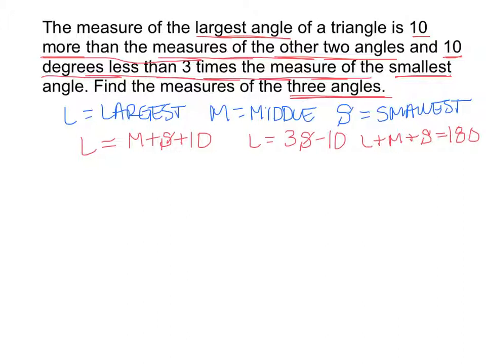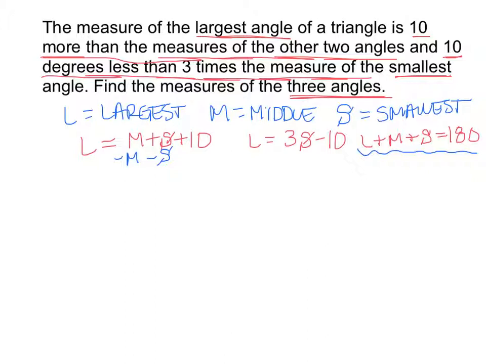Now, I didn't write them down on top of each other yet because I noticed that I'm going to need to do some changing. I'm going to need to get all of the variables together. And it doesn't matter what order you have the variables in as long as you're consistent. Since this one's already in a good form, I'm going to leave it like that, large, medium, small. So I'm going to need to convert the other two. In the first one, I am going to move the medium and the small over to the other side with the large.